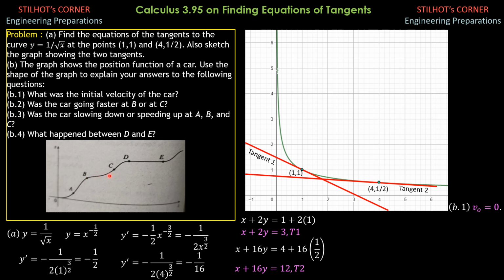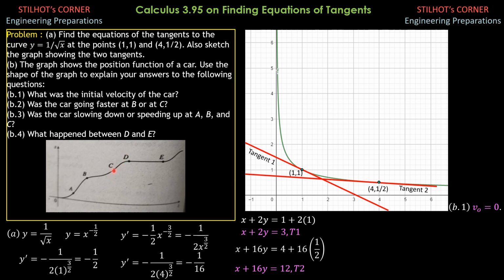Because the slope decreases at B, it means that initially at B it moves with a certain velocity. The slope of the tangent decreases, so it is moving slower at B. The slope of the tangent at B is lesser than the slope of the tangent at C. And remember, slope is velocity.